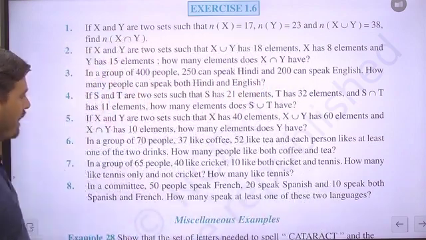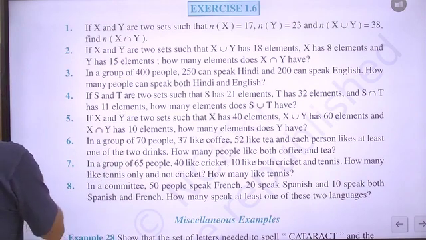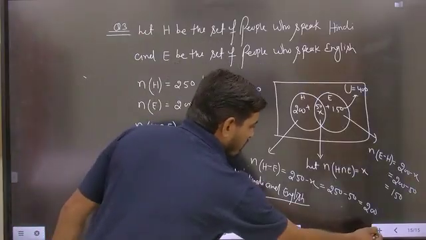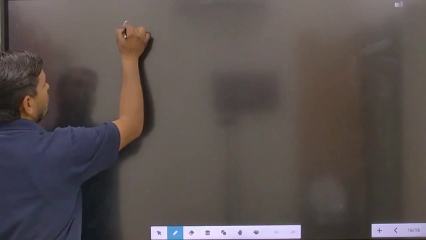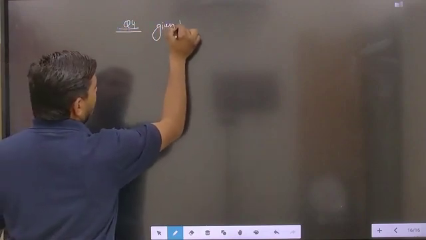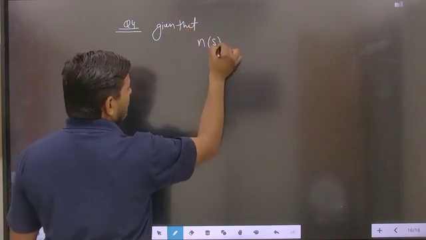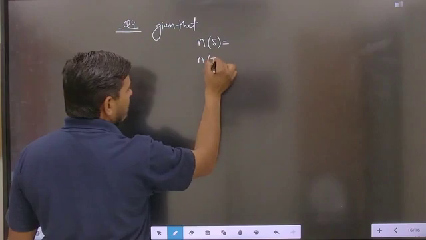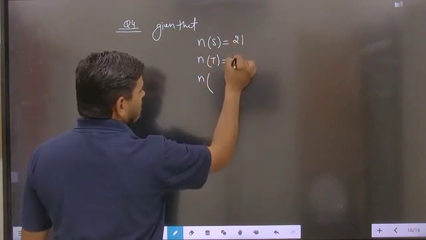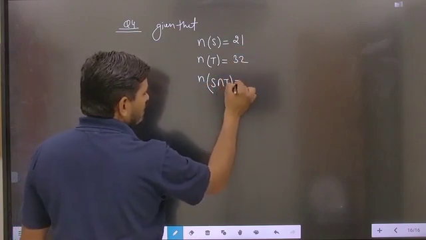So we have to find the number of elements in S union T. Now we will see the answer to question number 4. One set is S, another set is T, with 21 and 32 elements respectively, and S intersection T has 11 elements.